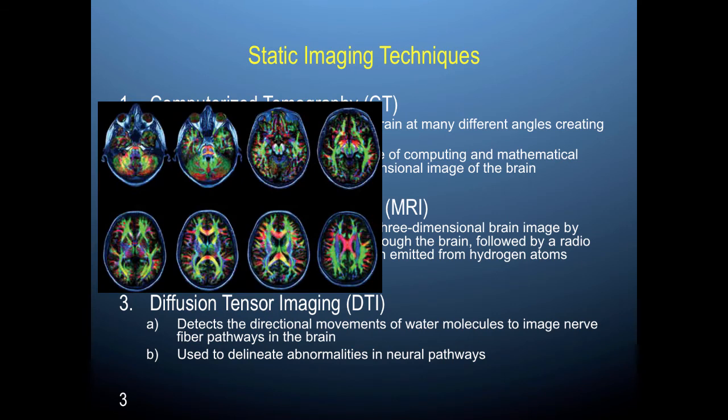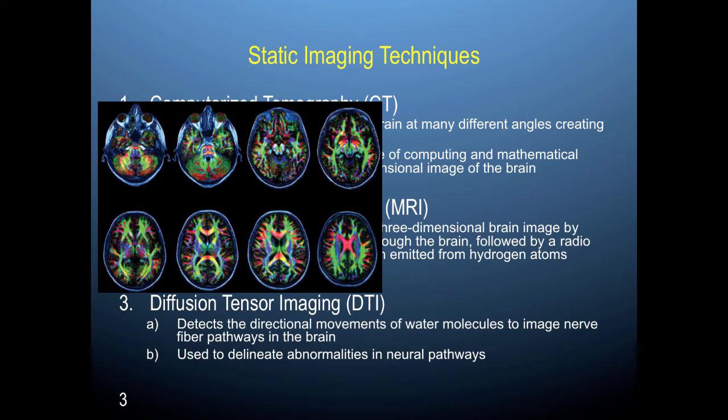So to give you an example of what a DTI scan looks like, a DTI scan primarily focuses on white matter pathways, and so water molecules, when they are a part of cells, in particular when they are a part of axons, which are very thin and very small, have a particular shape, and when you try to detect the directional movements of water, you can detect that particular shape.